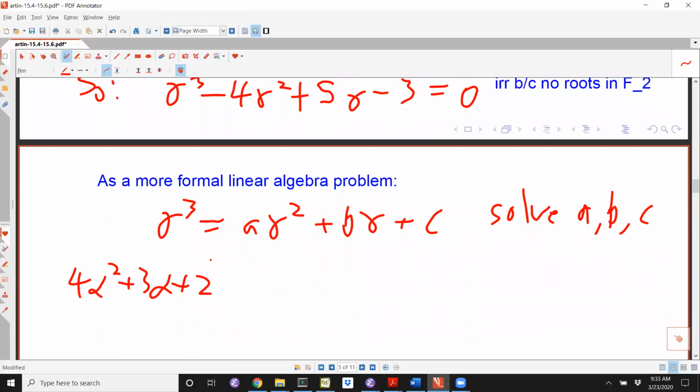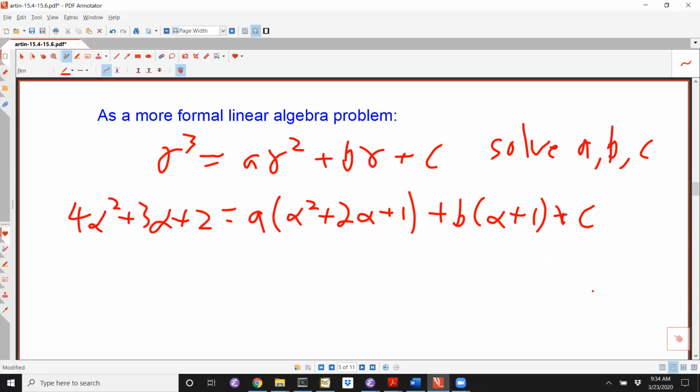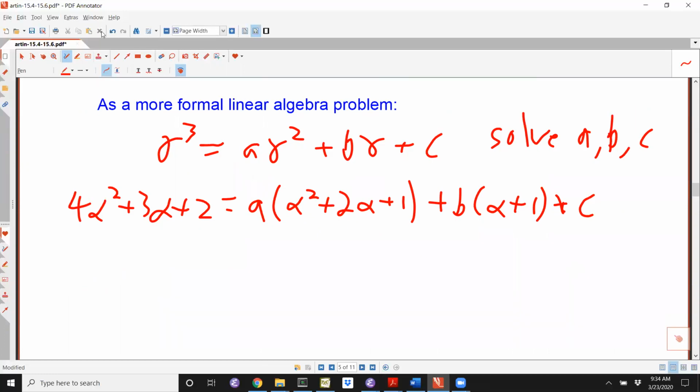Gamma squared is alpha squared plus 2 alpha plus 1, and gamma was alpha plus 1, and 1 is 1. Once you do that, you could then compare coefficients on both sides and solve, and do linear algebra.